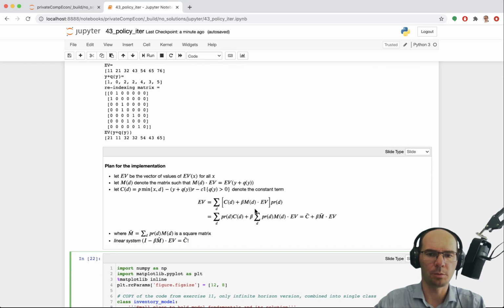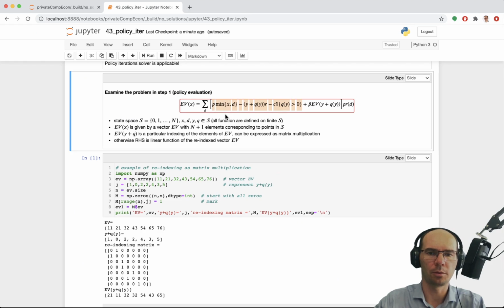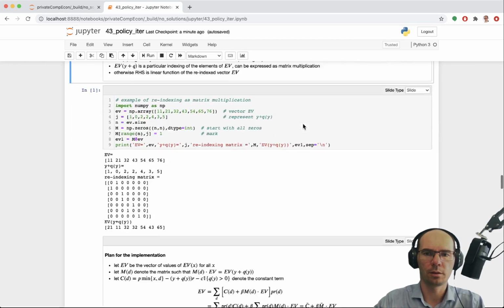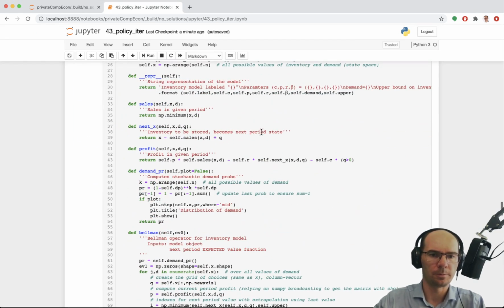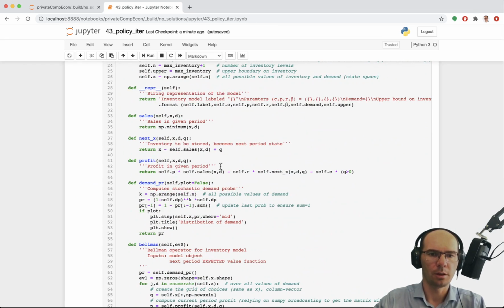This is what doesn't depend on EV. So these are all just the profits calculated for a particular x, d, y. Y is new. So x, d, and q. X, D, and Q. Right.